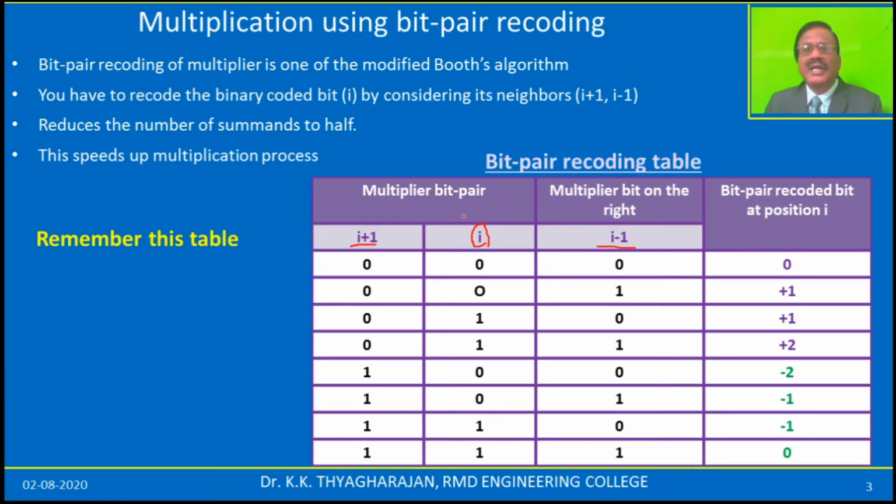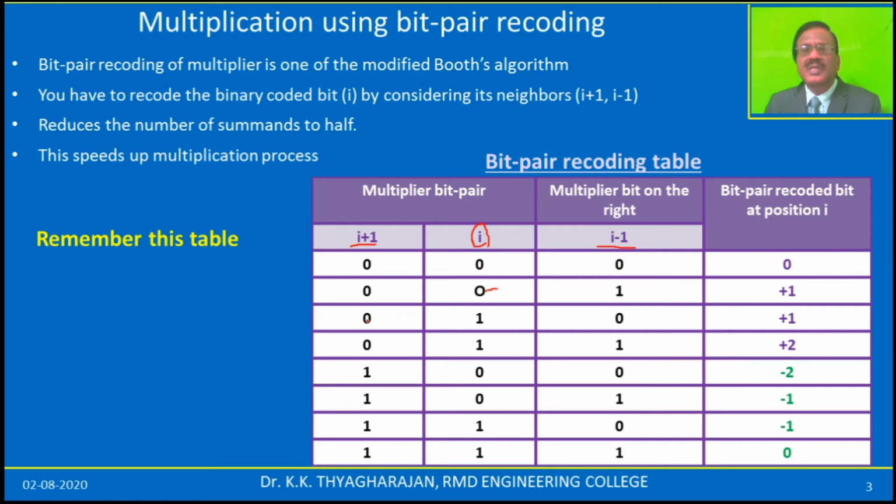Now, if all these 3 bits are 0, this ith bit should be recoded as 0. If the bits are 0, 0, 1, then the ith bit should be recoded as plus 1.